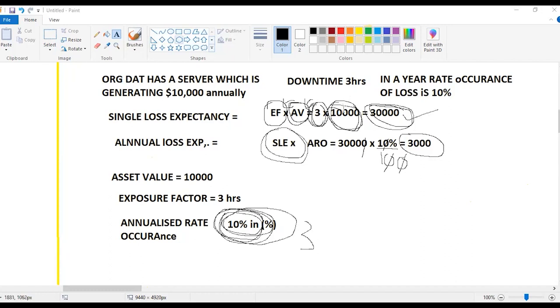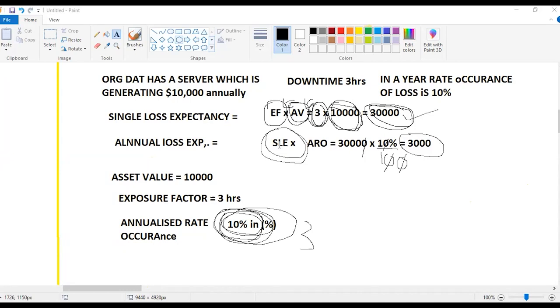Just understand what we are trying to do here. Guys, any doubt here? Are we all clear?